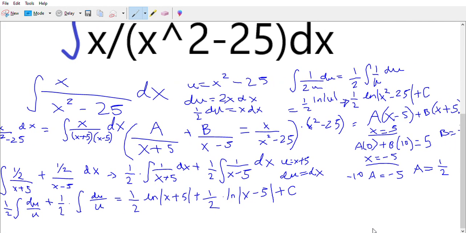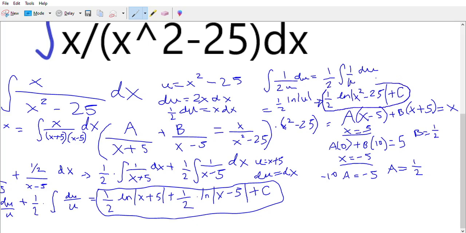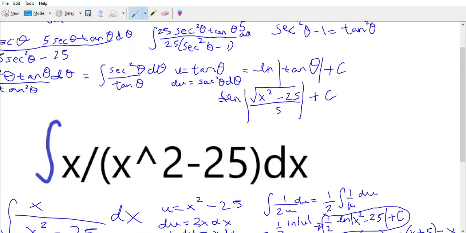I know that the work here of the U-sub and the partial fraction decomposition looks like it's a continuation, but I promise you it's not. But if you really think it is, then I don't blame you, because I did not make a good distinction of separating the work. But there it is. I'm just gonna box all the answers for good measure. So these are the 3 answers you can get when you use 3 different methods. By the way, they all technically are the same answers. So any method you use is correct.